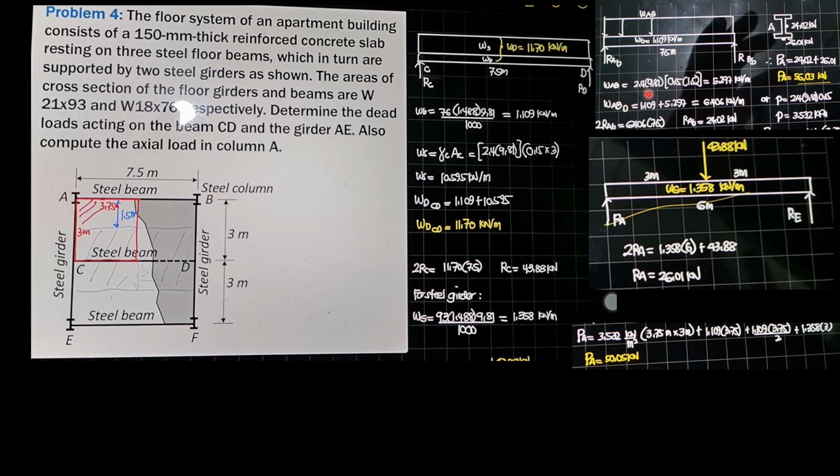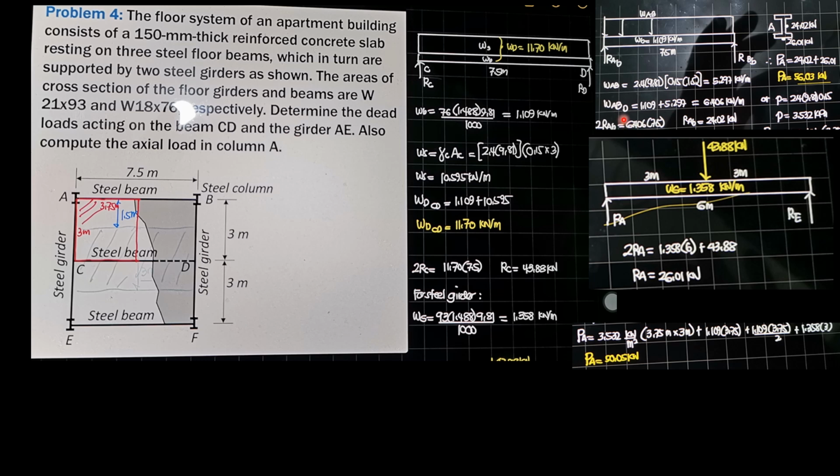So WAB is the specific weight of concrete, 2.4 times 9.81, then the cross-sectional area on this side is 0.15 meter, the thickness, times 1.5, the tributary width for AB. So it is 5.297 kilonewtons per meter.